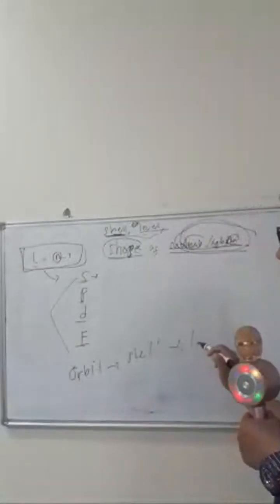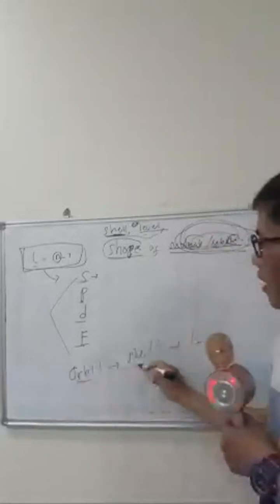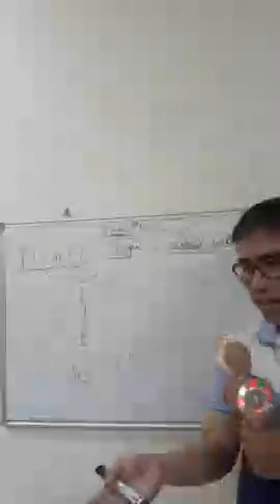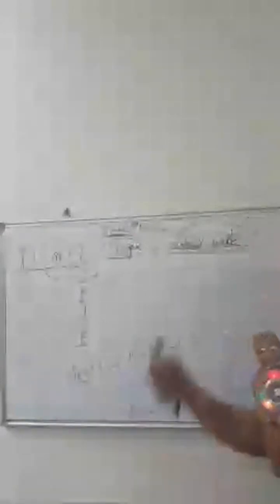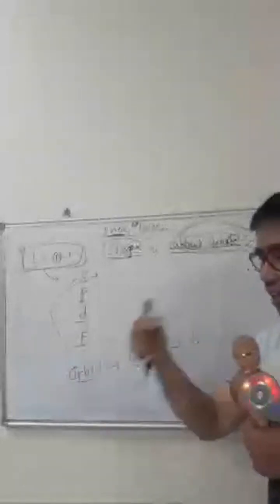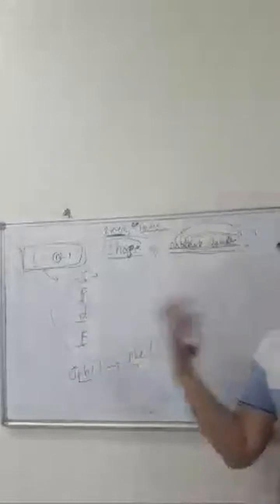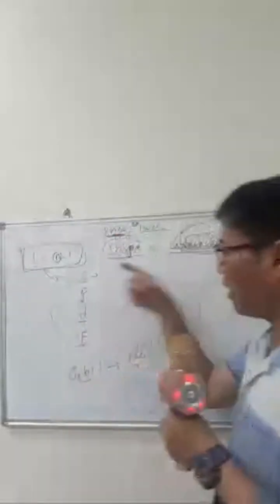Since this is a subshell, and the meaning of orbit is shell, you will never say S orbital. You will say S sub-orbit, S subshell, S sublevel. Some teachers will say S orbital directly, but that's not the same. Sorry. Get the point.